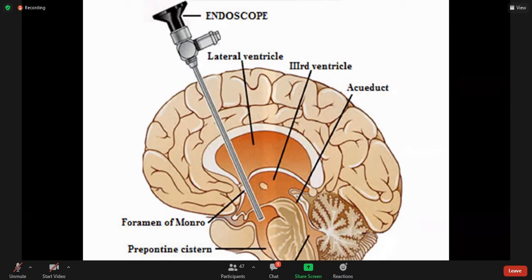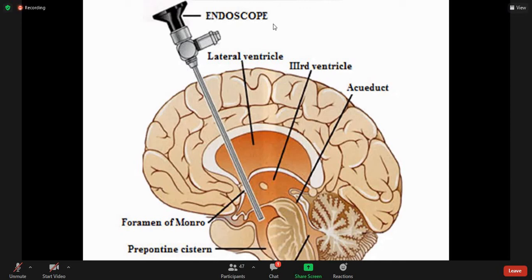But in non-obstructive cases where there is a defect in the absorption, then we can't do third ventriculostomy. And in this procedure, we make the opening into the subarachnoid spaces from the ventricular system.